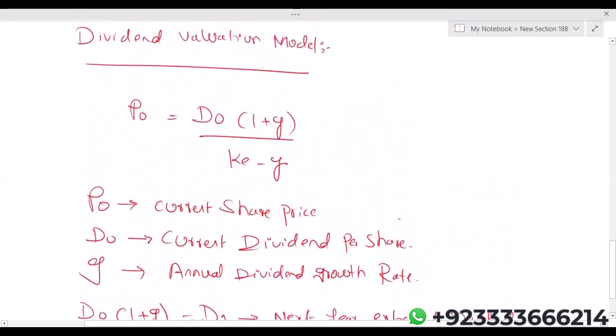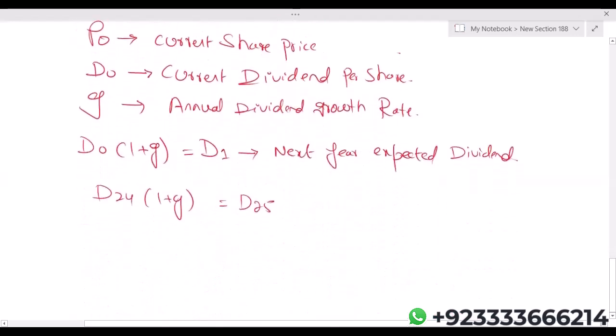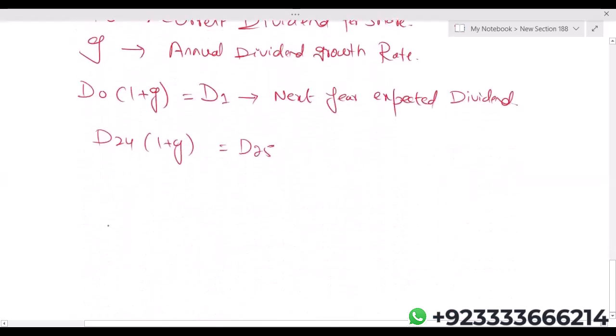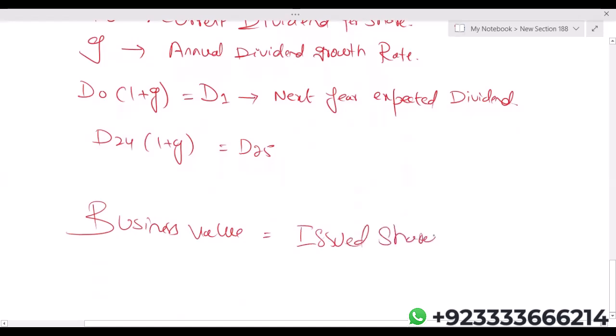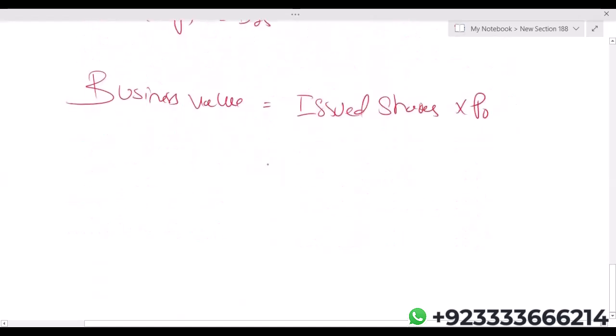By using the dividend valuation model, if you have calculated P naught, then by using this P naught we can calculate business value through market capitalization. So business value is equal to the issued shares of the company into P naught. Another name for issued shares into P naught is market capitalization.